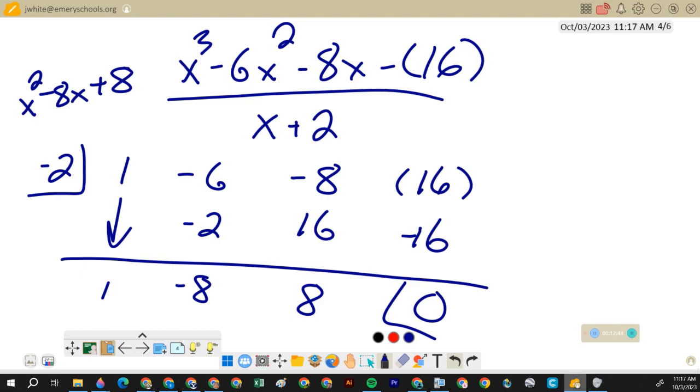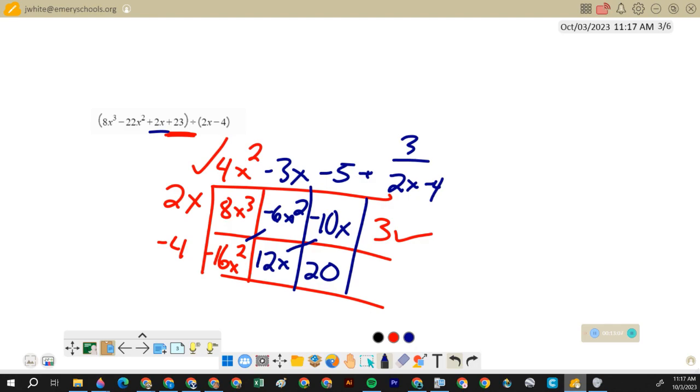Okay. Now, when does synthetic division work? It only works when the denominator is linear. X plus 3, x minus 7. And it sort of works if you had 2x plus 3. So let's go back to this problem. Okay.